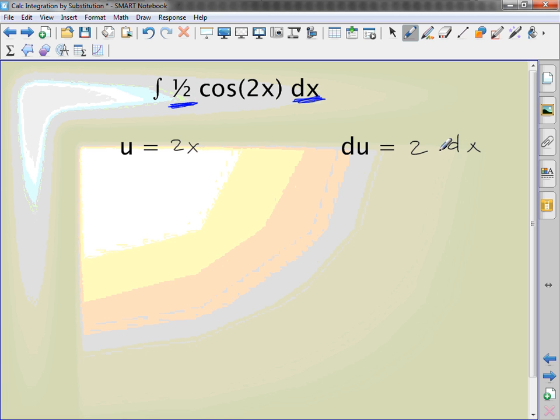If I solve for dx, I need to divide by 2. 1/2 du is what dx is. Now I can replace dx with 1/2 du. Divide by 2 to just find out what dx is.